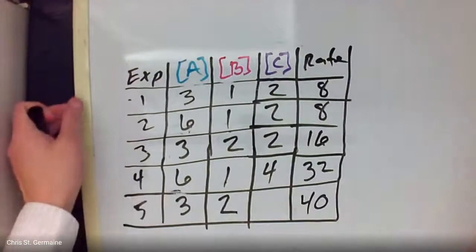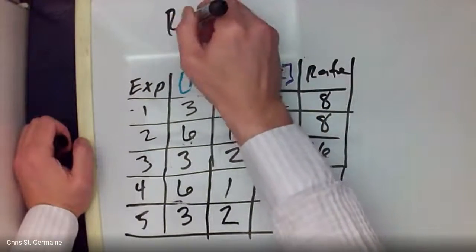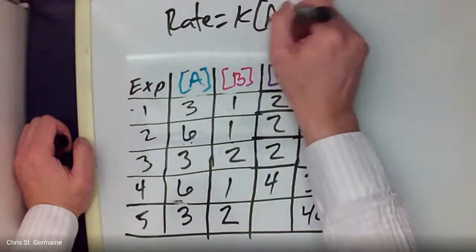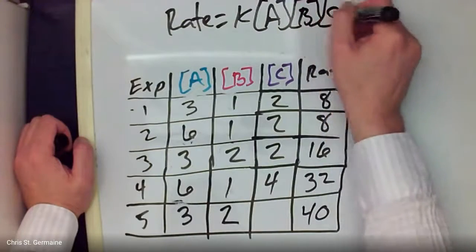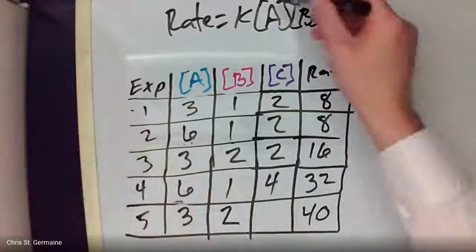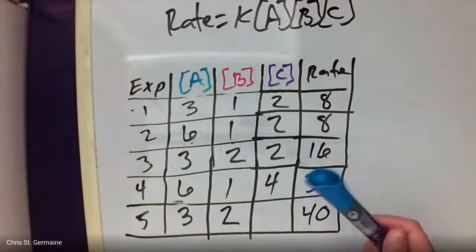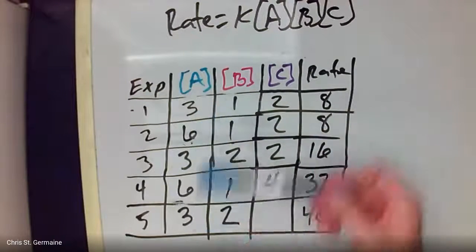So what we're going to do is we want to figure out our rate law equation. Rate equals K times A times B times C, and we want to find the exponents. So what we need to find is 2 experiments.